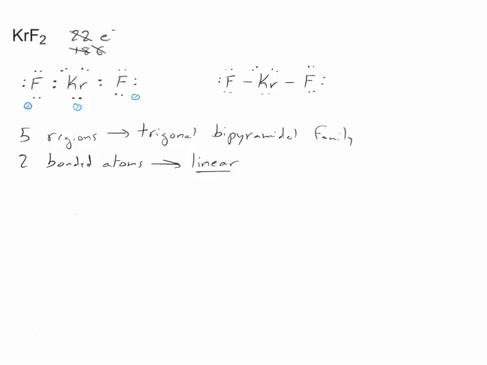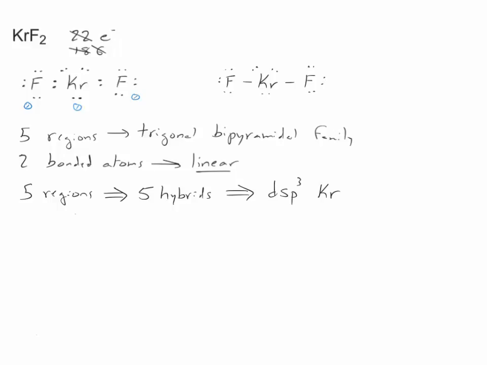Now, for hybridization. I've got 2 atoms I've got to deal with, krypton and fluorine, and both the fluorines are the same, so we'll start with krypton. How many regions? 1, 2, 3, 4, 5. 5 regions. And for hybridization, we now know what that means. 5 regions means 5 hybrids, and 5 hybrids means I have to have dsp3.